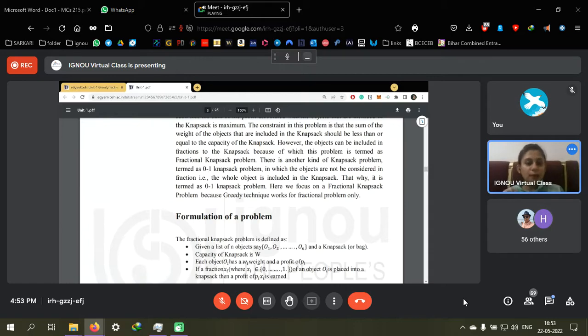In a fractional knapsack problem, we have to think like a thief. That means whenever we are going to steal somewhere, what things we have to collect. For example, in a room there is one mud bowl and one bowl that is made from gold.